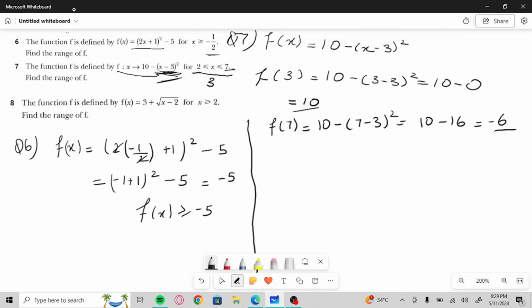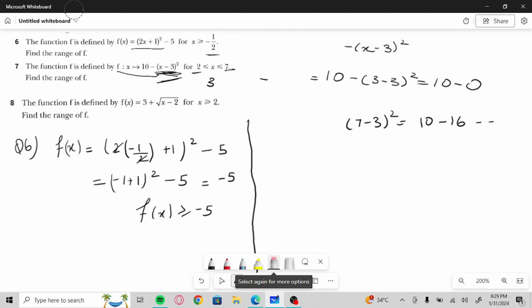So that's the final answer: f(x) is greater than or equal to negative 6, but less than or equal to 10. Sorry, 10. So that's question number 7.